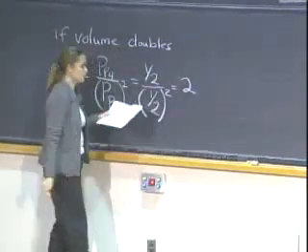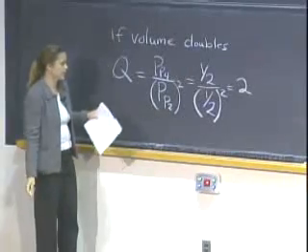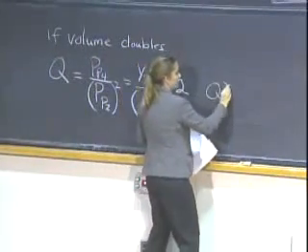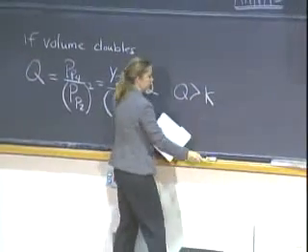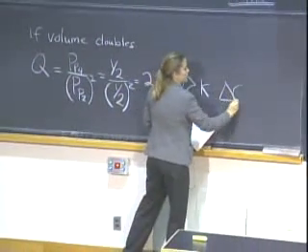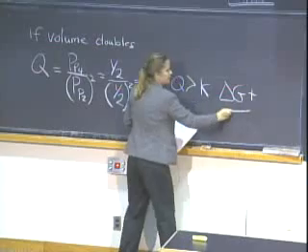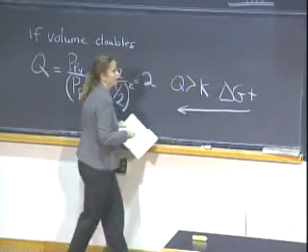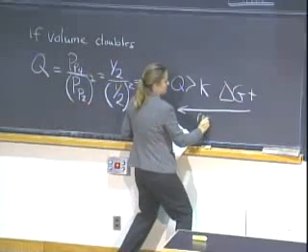So Q is twice what it was before. So now Q is greater than K, and so you will have a delta G that's positive, which means you're going to be spontaneous in the direction toward reactants.